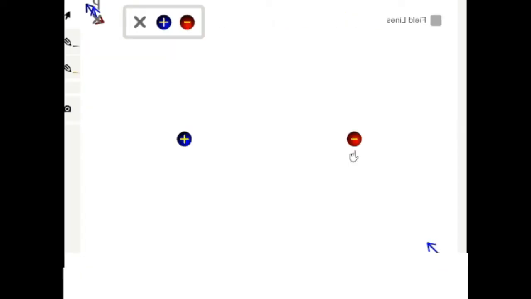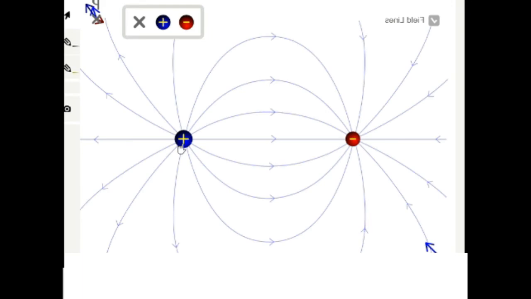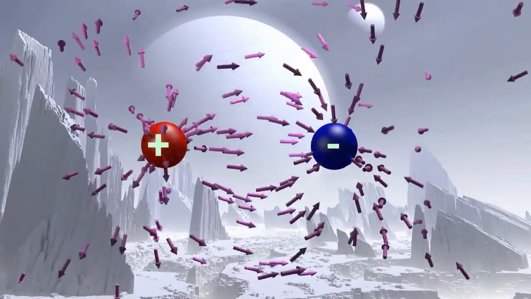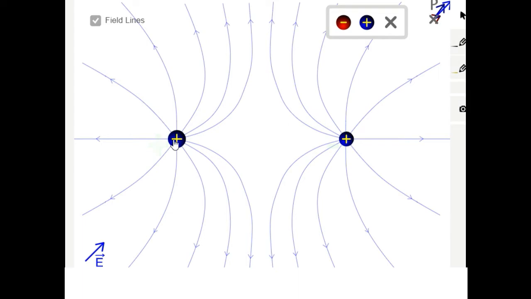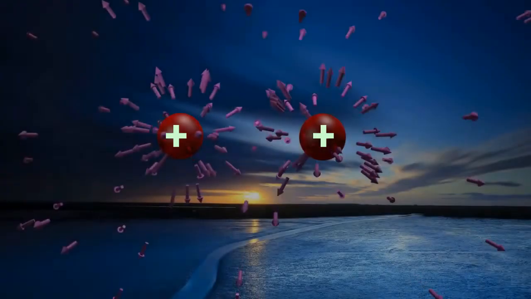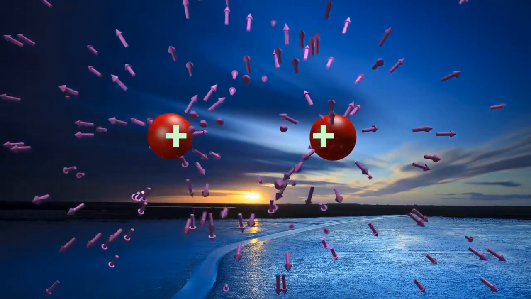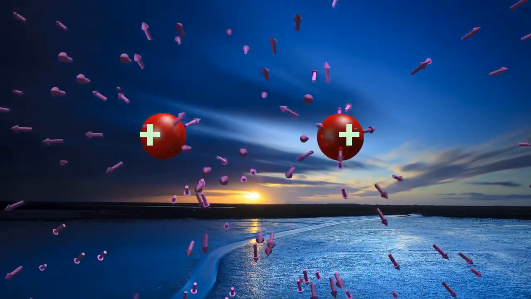Now what if we have two electric charges, one positive and one negative? What will the electric spectrum look like? We can observe here the electric field and the electric field lines coming out from the positive charge into the negative charge. But if we have two positive charges, the electric spectrum will become like this. The electric lines go out from the positive charge and also out from the other positive charge.